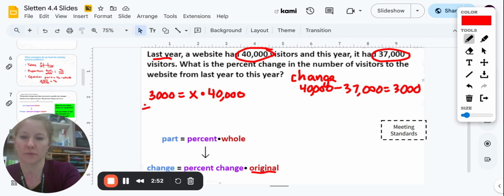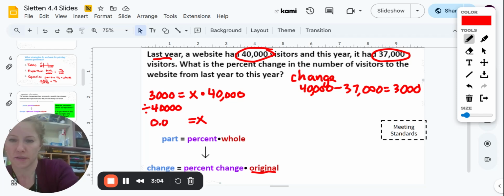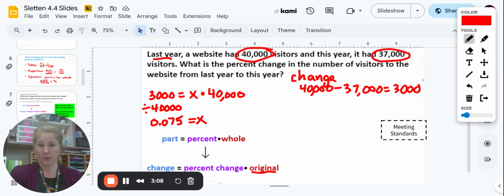So if we want to figure out x, we have to go backwards and divide by 40,000. And x would equal 0.075. Remember, that's as a decimal when it's in the equation. So to get that as a percent, we multiply it by 100 or move the decimal point 2 spaces, and we get 7.5.